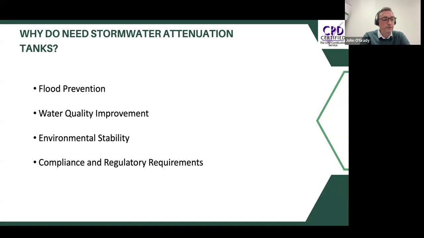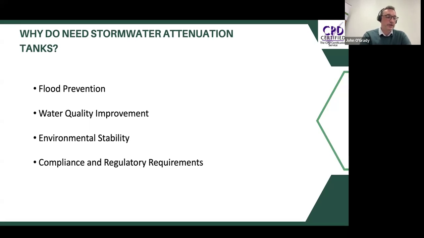So a lot of impervious surfaces, such as roads and footpaths and buildings, prevent natural soil absorption of rainwater. So, with increased runoff, that can overwhelm drainage systems and cause flooding.